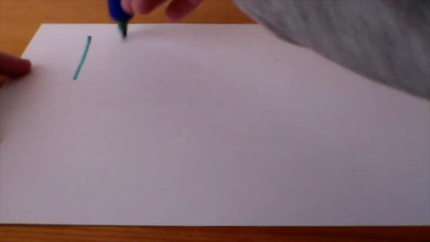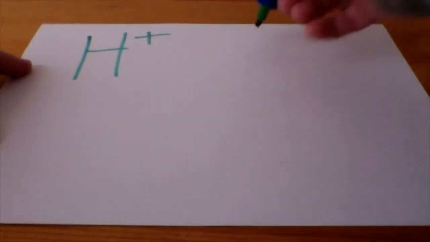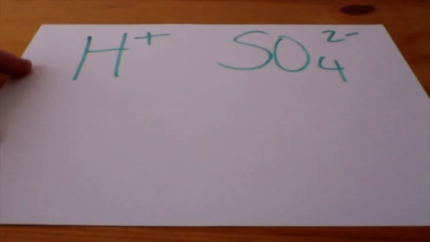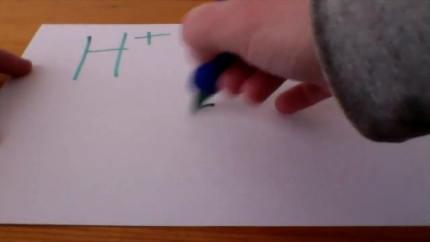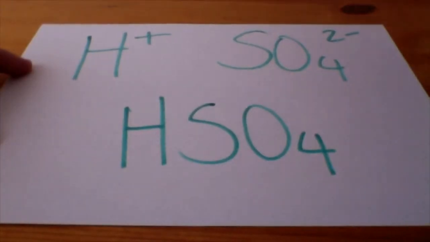Example, well, let's go for hydrogen sulfate or sulfuric acid. Hydrogen has a charge of 1+. Sulfate has a charge of 2-. If we just put our SO4 together with 1 H, then we haven't cancelled out this 2-.